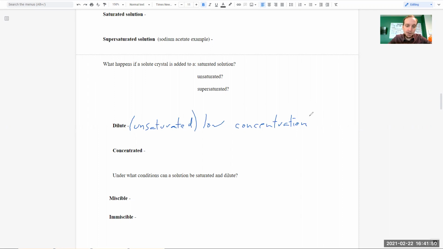Now, if it is concentrated, that is the opposite. It could be saturated or very close to it, and it's going to have a high concentration. It's kind of ironic since I'm talking about the word concentrated. You should never use the word in its own definition.